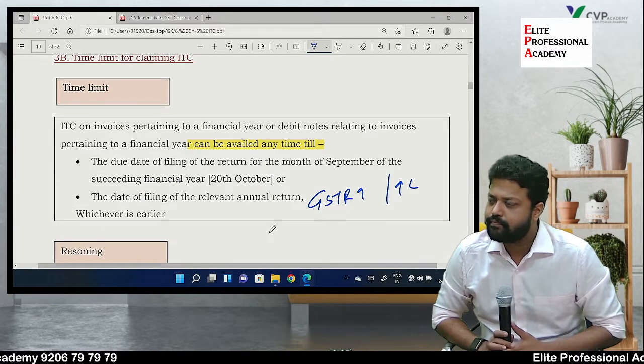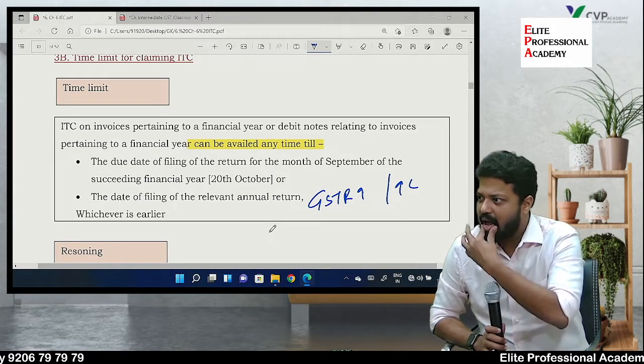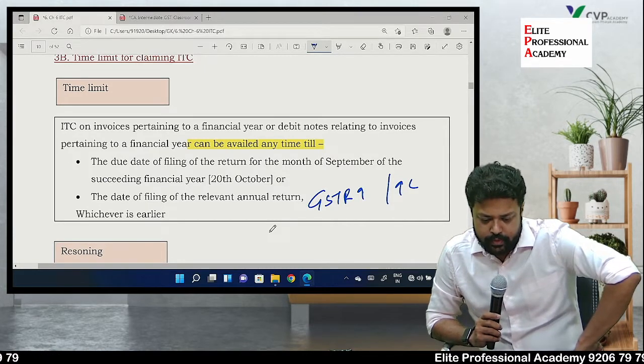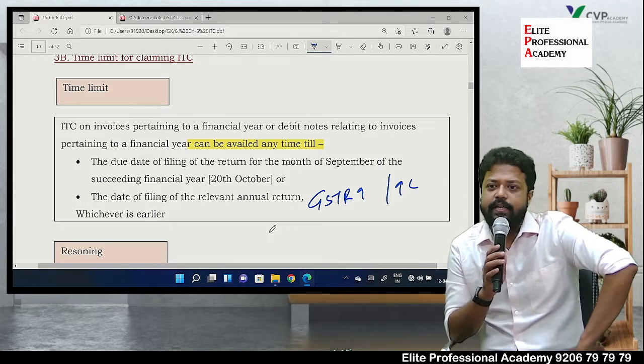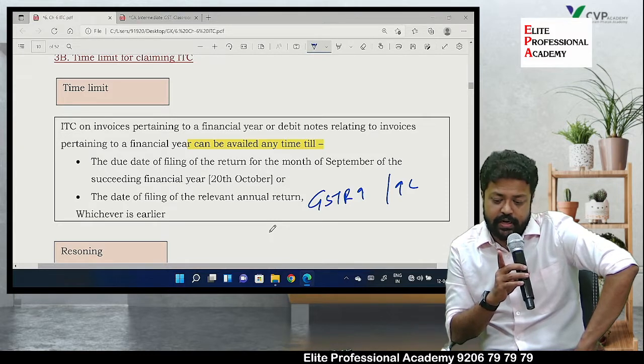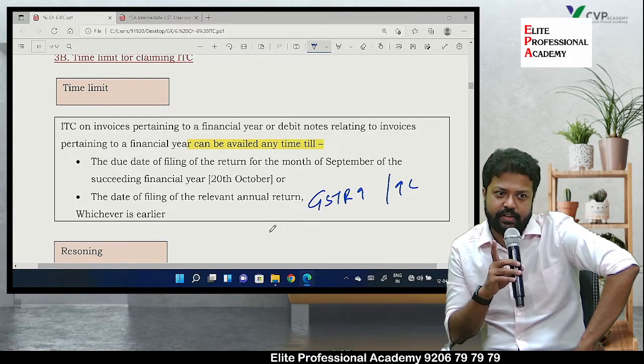Completed? What's left? ITC on invoices pertaining to a financial year, or debit notes relating to invoices pertaining to a financial year.